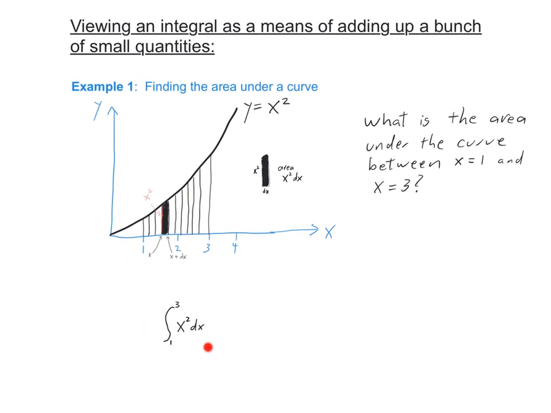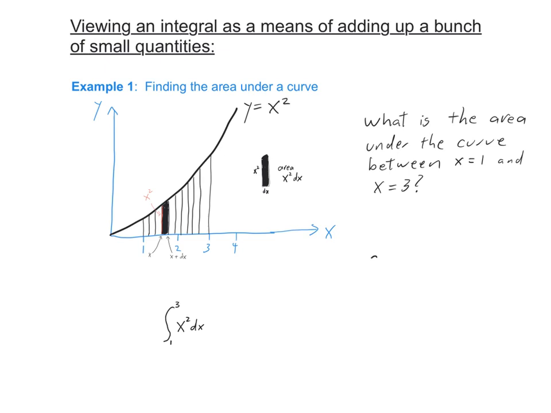Now remember, this integral that we constructed represents the area under the curve between x equals 1 and 3. So let's go ahead and evaluate this integral to actually see what the area under the curve is. Now how are we going to do that? Well, we have a definite integral here from 1 to 3. And so let's remind ourselves first what the indefinite integral is.